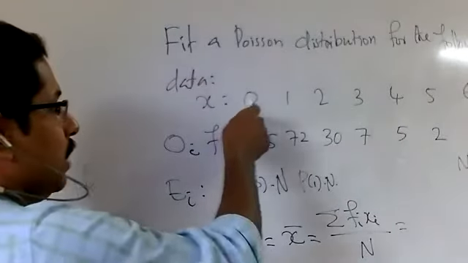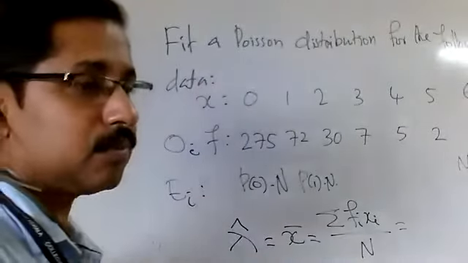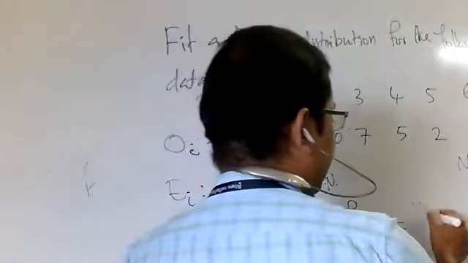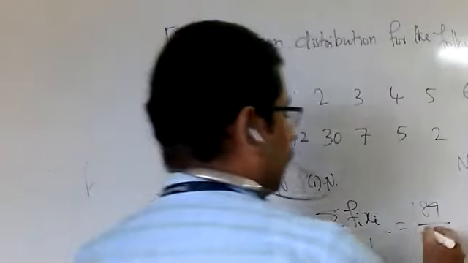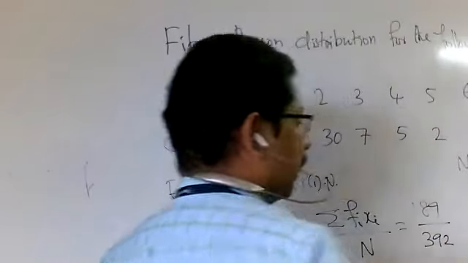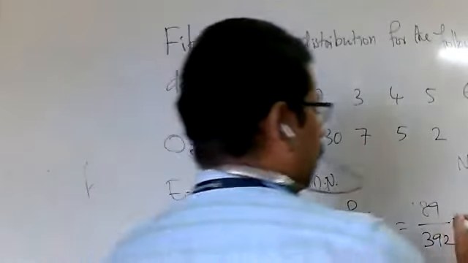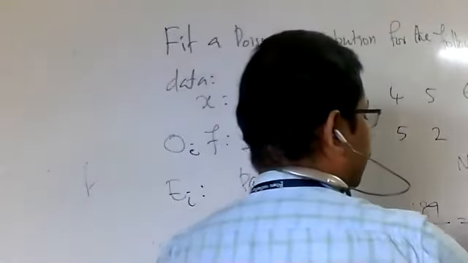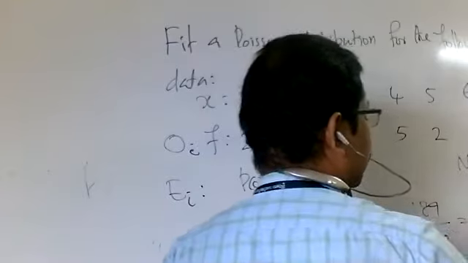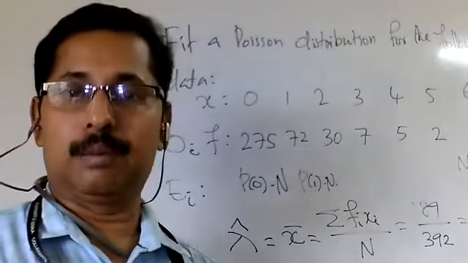You multiply x with its frequencies and add all these values. The total sum is around 189, and the total number is 392. So you will get the value for lambda. It is around 0.48. This is the way to estimate the value of lambda.